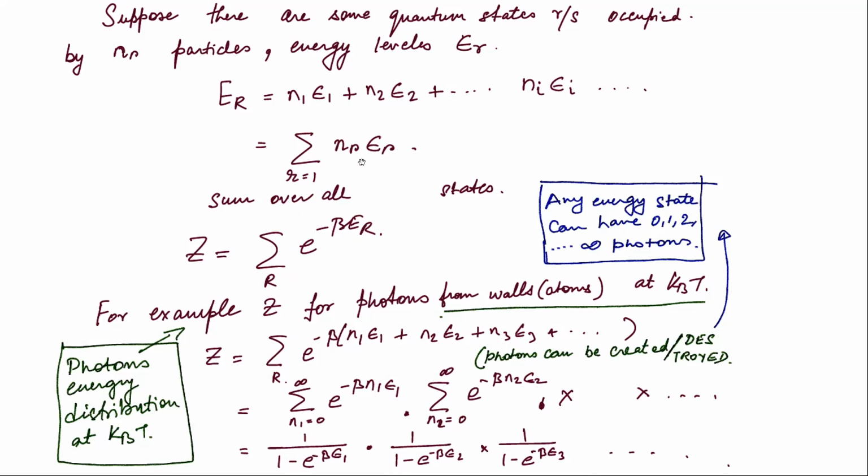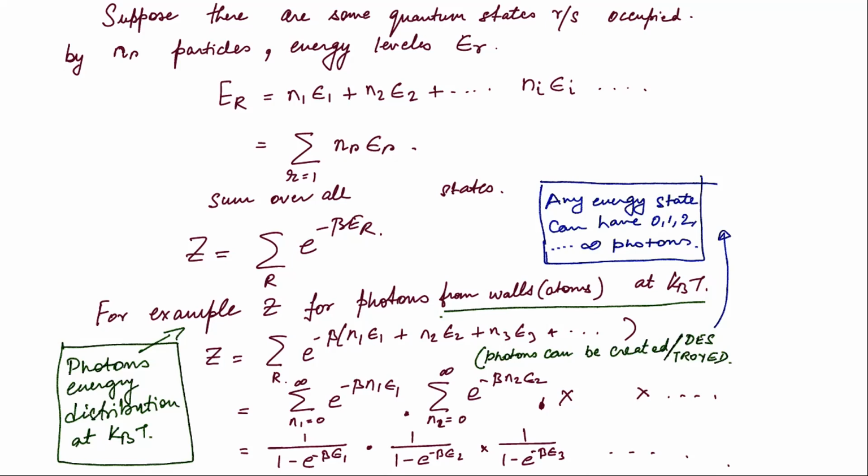So the sum of n_R epsilon_R is the total energy of the system, and the specification of the different values of n_R, which means how many particles are in which states with different energies, specifies the statistical state of the system.